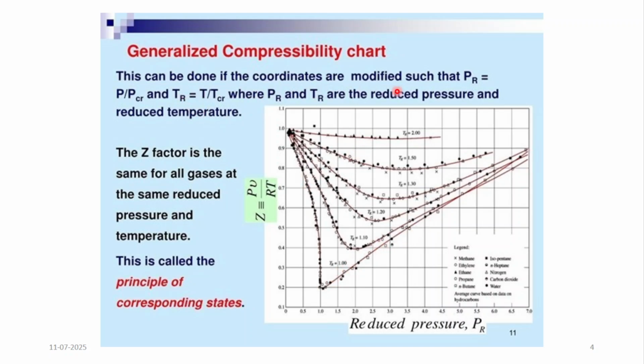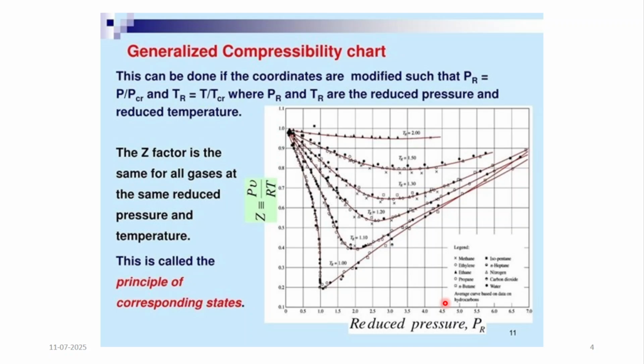So you see, the coordinates are modified, they are written in terms of PR and TR, that is reduced pressure and reduced temperature. The Z factor is the same for all gases at the same reduced pressure and temperature. That means they behave more or less the same. At the same reduced temperature and reduced pressure, all these gases behave more or less the same thermodynamically.